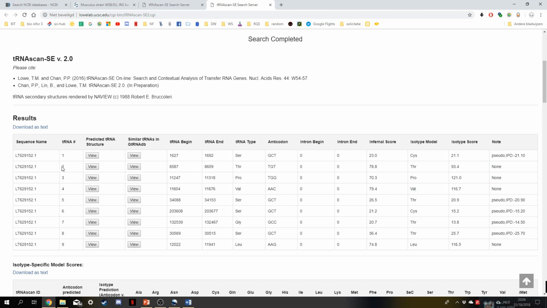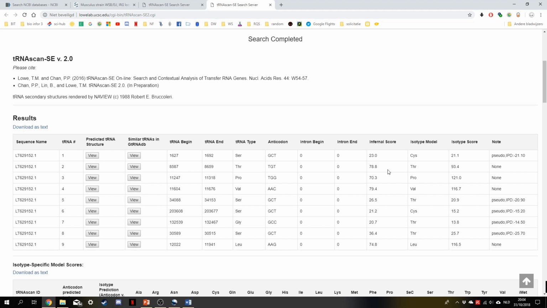And if you look at the second hit, which is this one, and if you look at the infernal score and the isotype score, then you can see logical scores. The infernal score is relatively high, it's 78, while the isotype score is even higher, it's 93. And this is logical because the infernal score is based off the first scan, where all the tRNA isotypes are used together in one model.